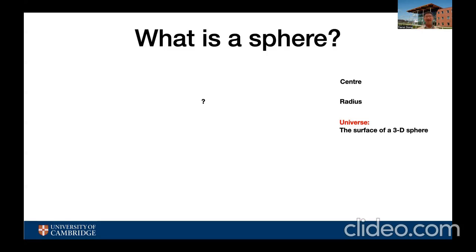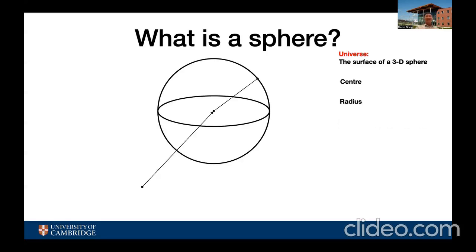So if you stand at the North Pole and draw a circle, what's that? It's not a circle, it's not flat, it's a curve. So this is the curve.